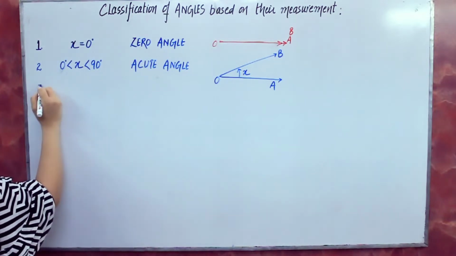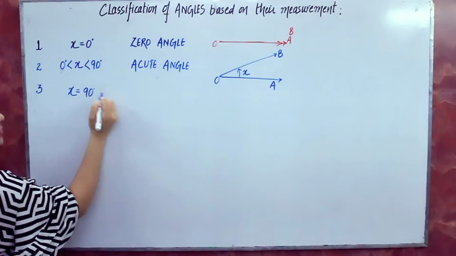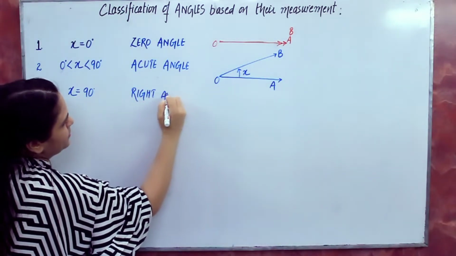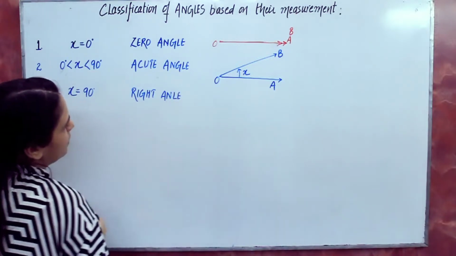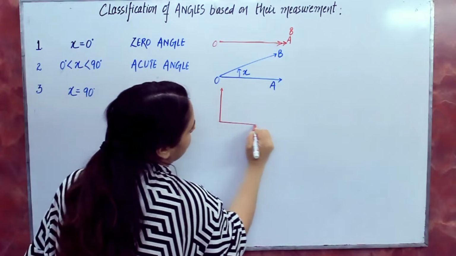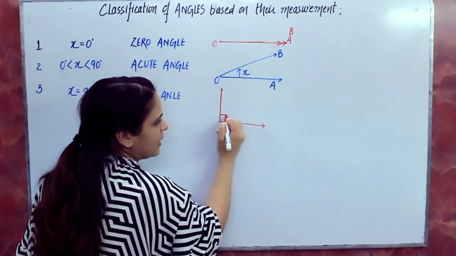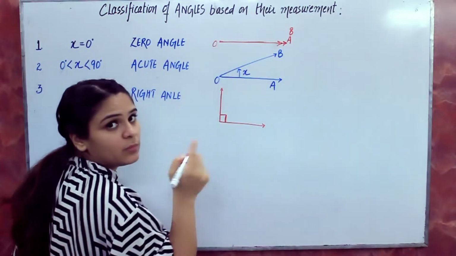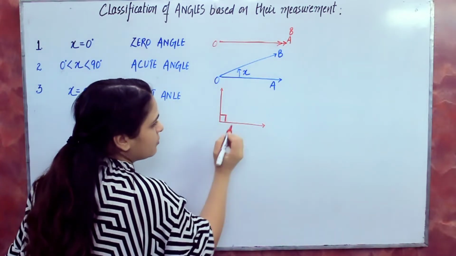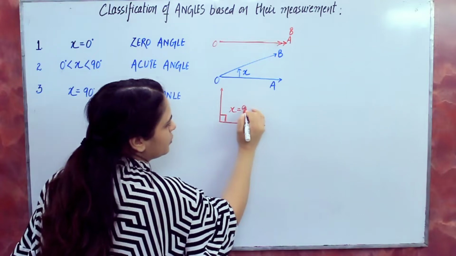Now the third one, when X is equals to 90 degree, this is known as right angle. Right angle is represented by this sign. So even if I do not mention X is equals to 90 degree, by this sign it is understood it will be 90 degree. But here I am mentioning X is equals to 90 degree.